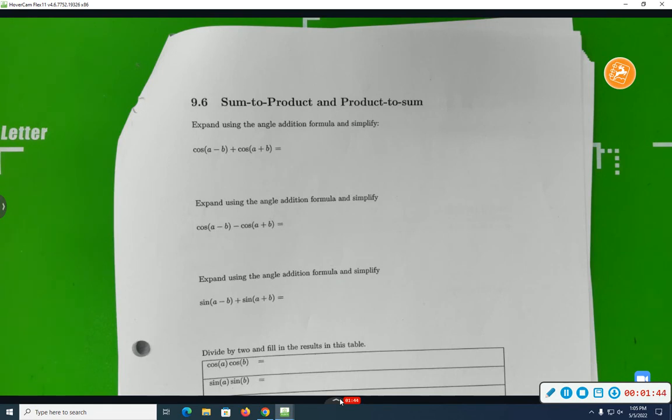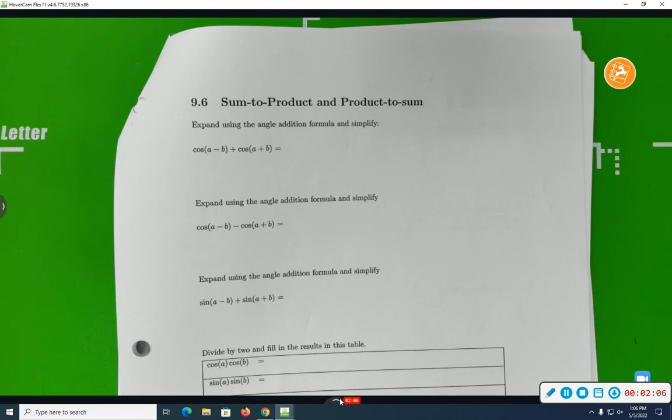I know some had it right at the tip of their brain, but now that it's written down, it looks familiar, I hope. And if that's what you do for plus, what do you think you do for minus? Yeah. So I think that's all we need to do this next line.